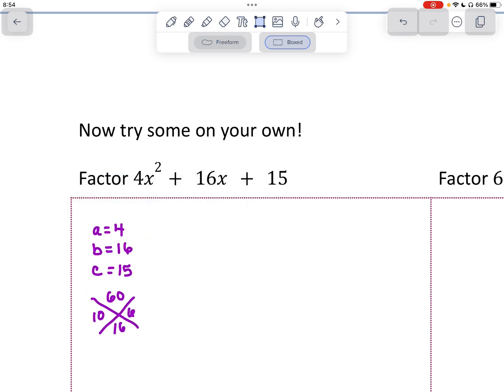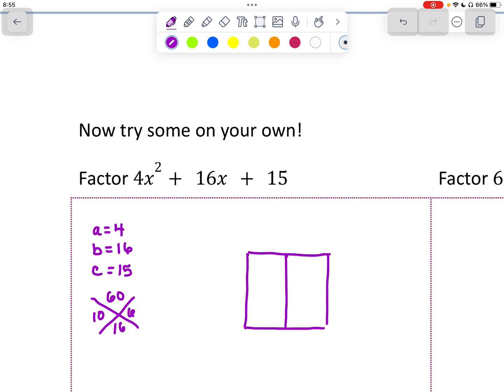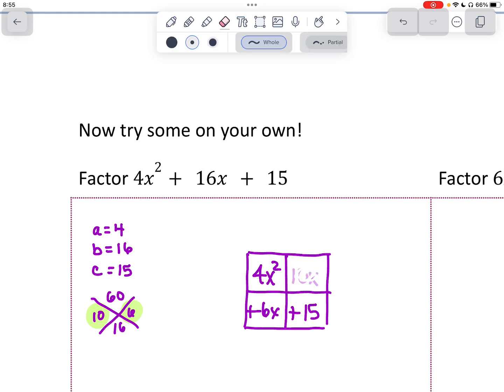But then with the area model, we have 4x squared here, 15 here, and we use this magic pair. Again, we bust up the 16x into 10x plus 6x. It doesn't matter whether the 10x goes in the top right or the 6x goes in the bottom left. You could just as easily put the 6x here and the 10x here. It doesn't make any difference.